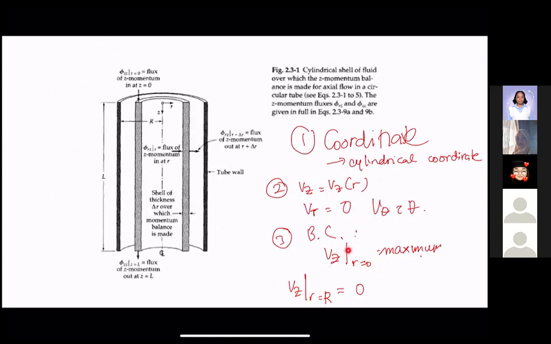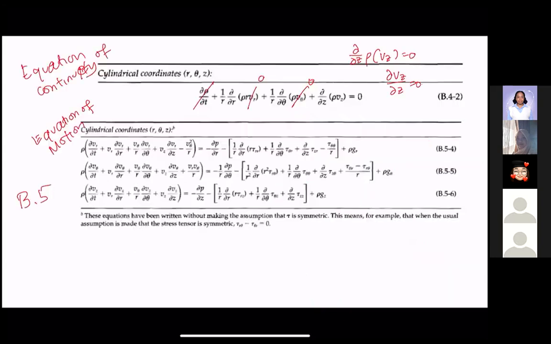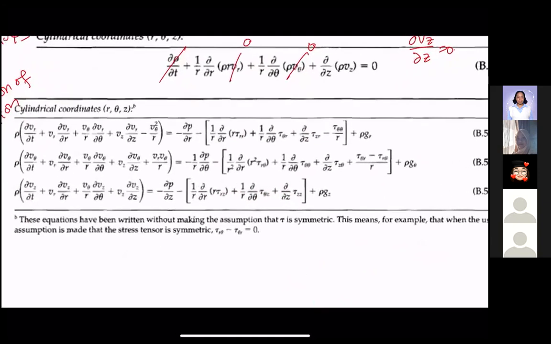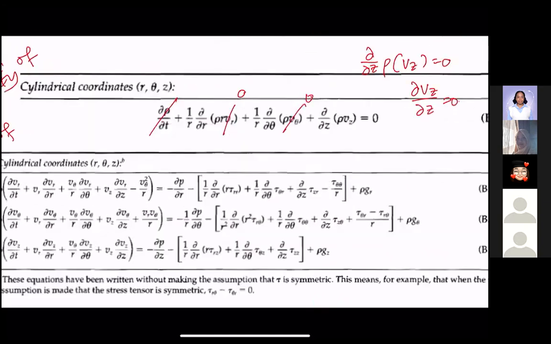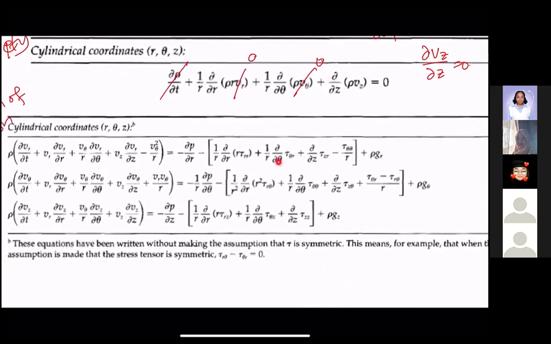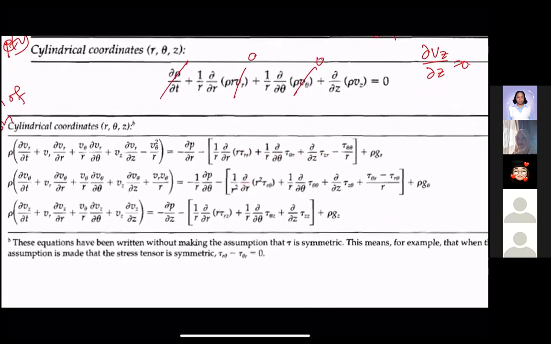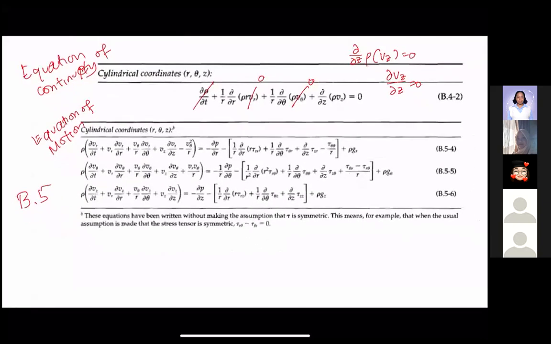Because it is related to the velocity, it's going to be difficult if we use appendix B5 as our equation of motion, because here you have tau rz, tau. Is it big enough? This one has all the taus. So for this case, don't use B5 with the tau.